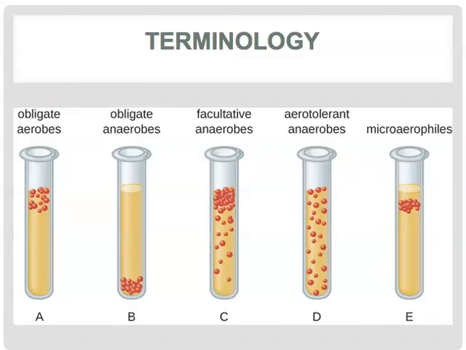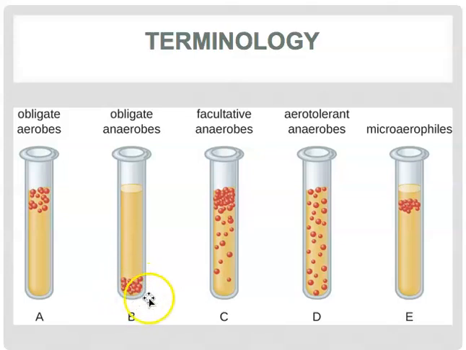I thought this was a cool visual representation of the different types of organisms and the environment that they prefer. This is supposed to represent some type of broth media, similar to your thio. In a broth media, your obligate aerobes, which are those that have to have oxygen to live and multiply, are going to grow at the top of that broth where they have access to oxygen, whereas obligate anaerobes are going to be just the opposite.